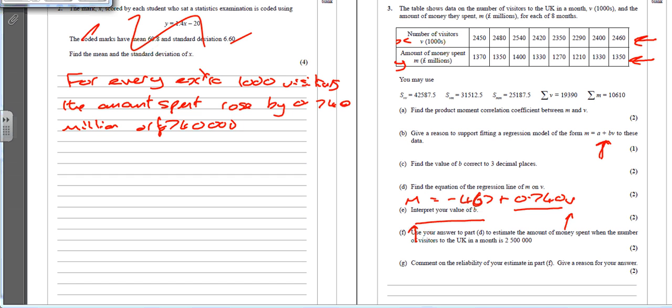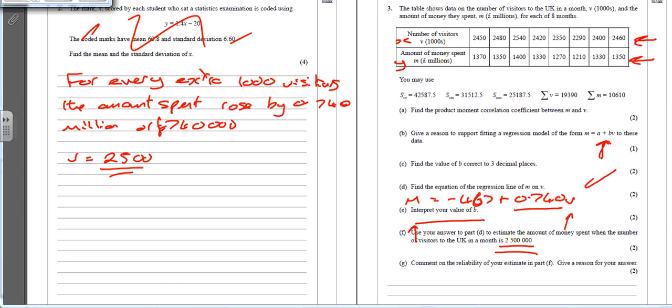So use your answer to part D to estimate the amount of money spent when the number of visitors to the UK is 2.5 million. So 2.5 million, that's going to be 2,500,000. Let's write that a little bit better. So therefore, V equals 2,500. And again, that's the key thing to this, remember: you don't substitute 2,500,000 in there.